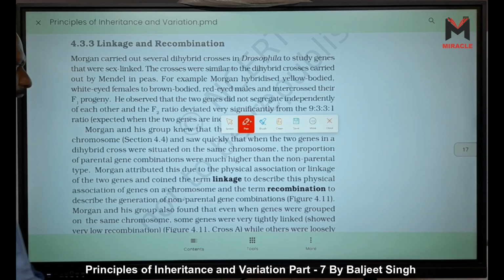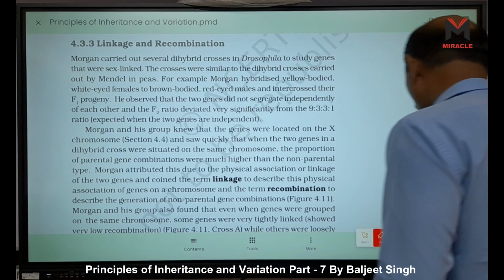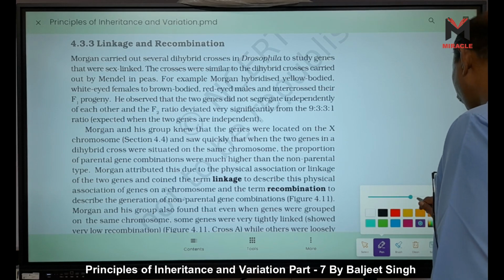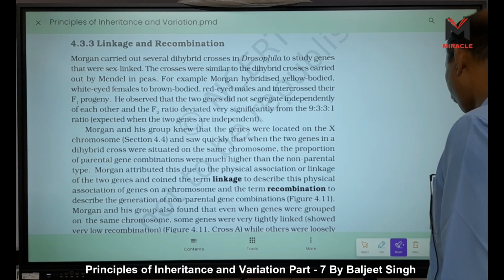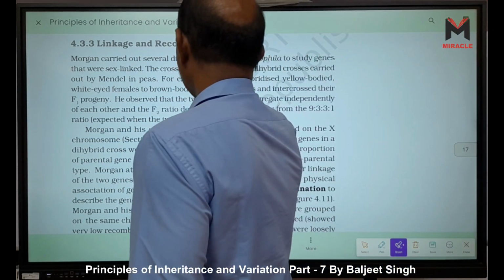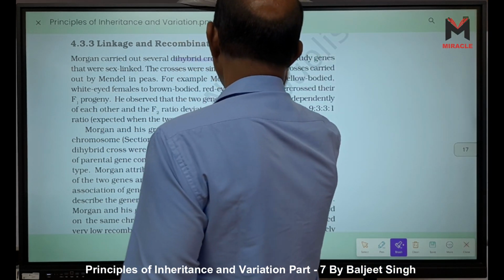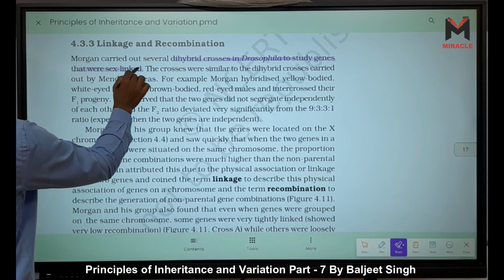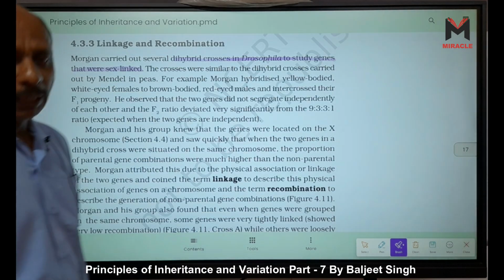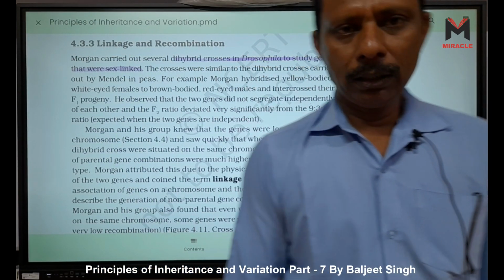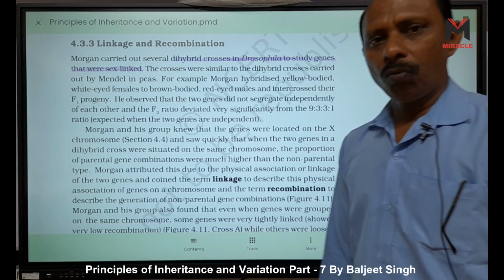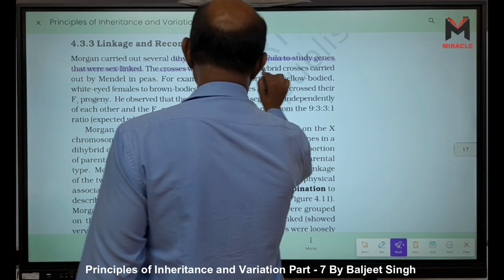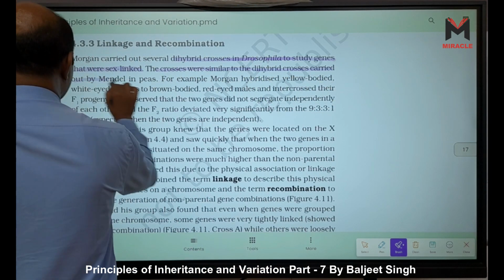Already we know what is dihybrid, and I understand you know this one, right? Dihybrid cross in Drosophila to study the genes that were sex linked, right? As for example, color of eyes, white and red eyes, right? These crosses were similar to dihybrid crosses carried out by Mendel in peas, right?